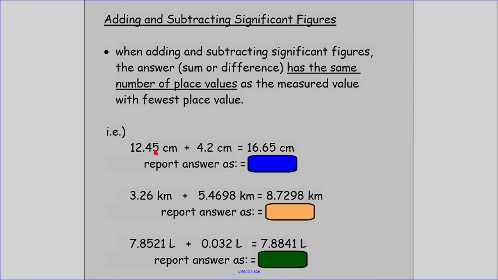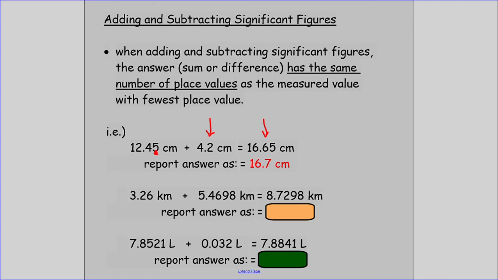So I can only round my answer to the value that has the least accurate measurement, and in this case it's the 10th place. So that means I have to round my number to the 10th place. So that 5 at the end is going to determine if that stays as a 6 or goes up to a 7. So if it's 16.6 or 16.7, when we report our answer, 16.7 from the rounded value.